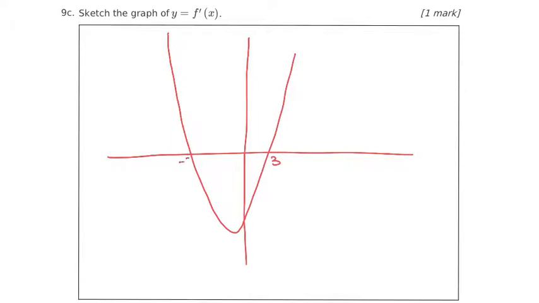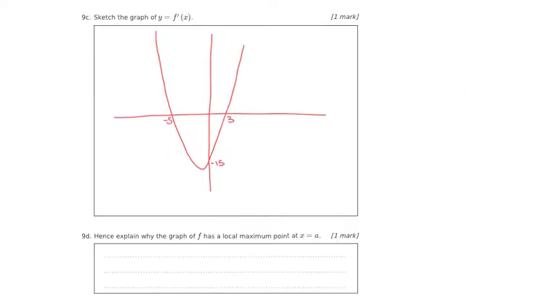3, minus 5, minus 15. 9d, hence explain why the graph of f has a local maximum at x equal a.